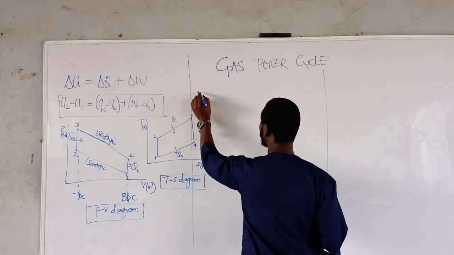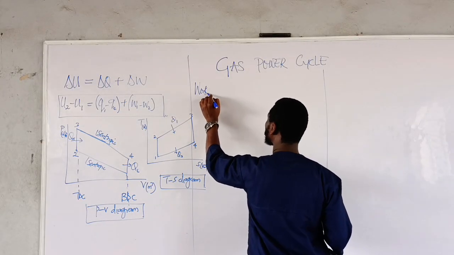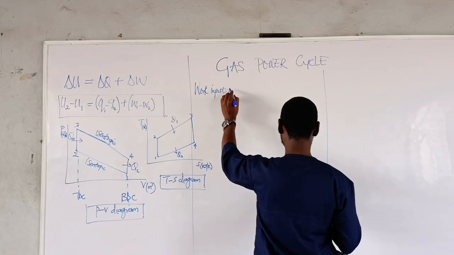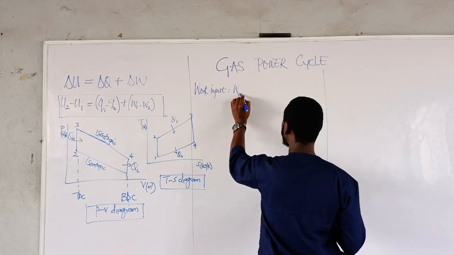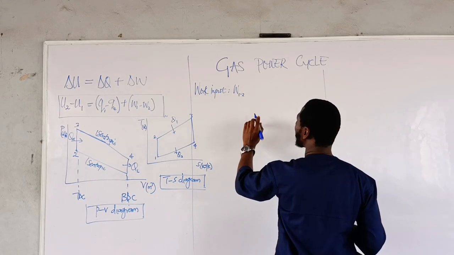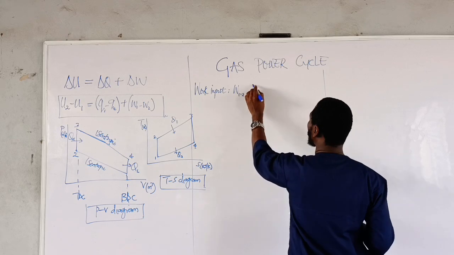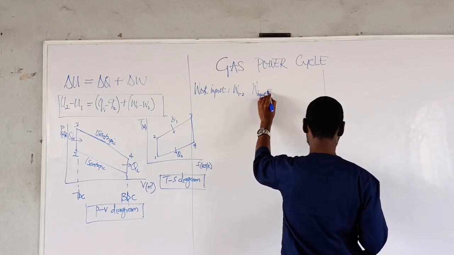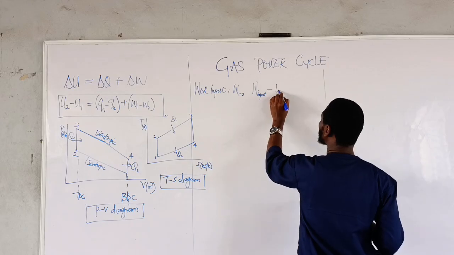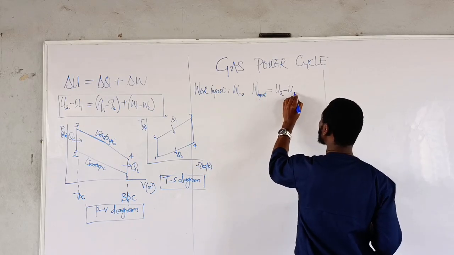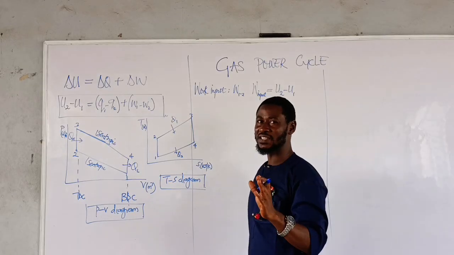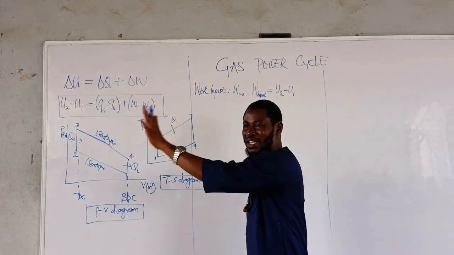Now, let's analyze the work input. Work input, that is W1 to 2, is taken as U2 minus U1. Don't forget, we said there are two processes in which work is being transferred.